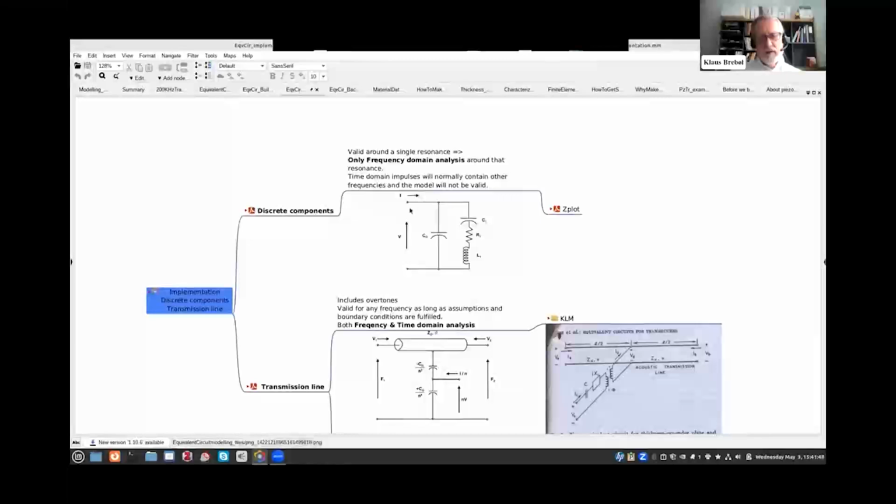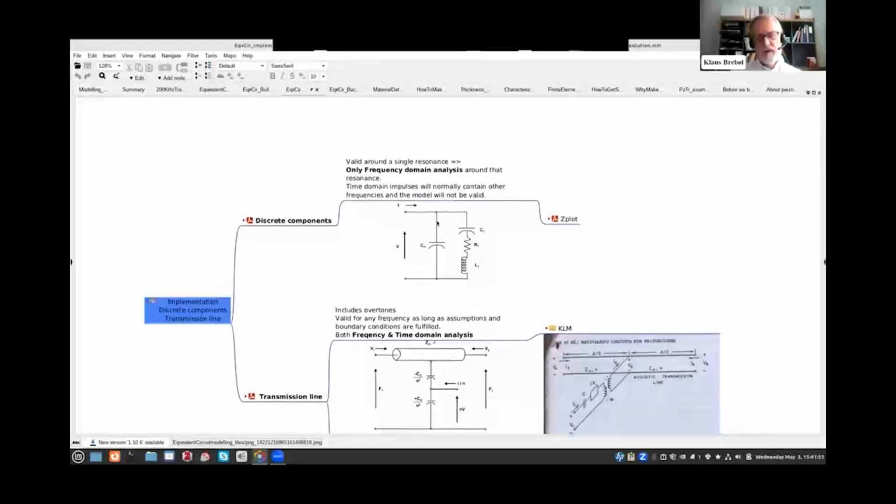The discrete component circuits are only valid around the resonant frequency, which is pictured by this LC circuit. And this means that you can only use it for frequency domain analysis around that frequency. Outside the neighborhood, it will not be valid. Therefore, you cannot use it for time domain impulses either, because impulses normally contain not just one frequency, but a whole spectrum of frequencies, and most likely outside what can be dealt with by this model.